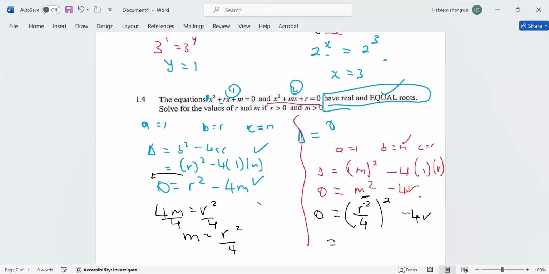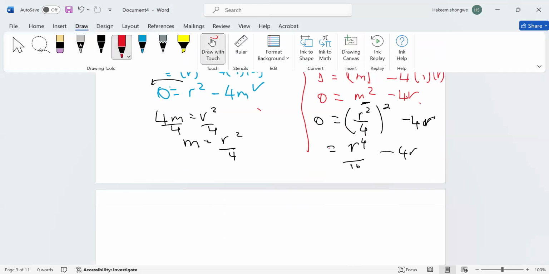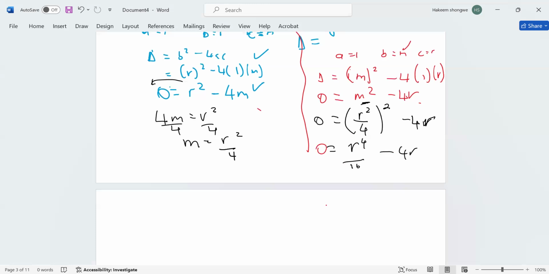Squaring this, we have r to the power 4 all over 16, minus 4r. How can I proceed from here? Let's multiply everything by 16. I'm going to have r to the power 4 minus 64r equals 0. There's an r which is common.